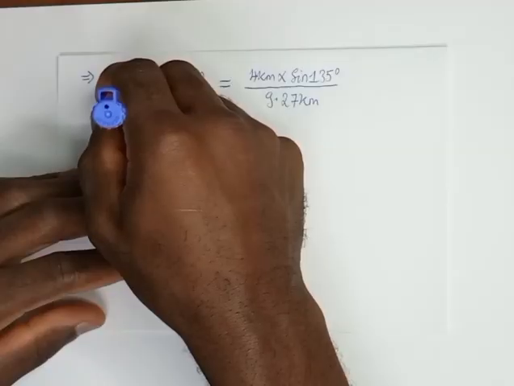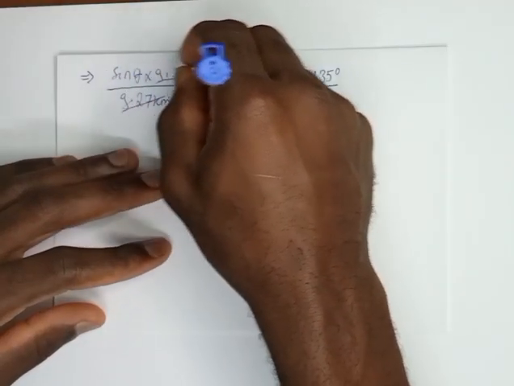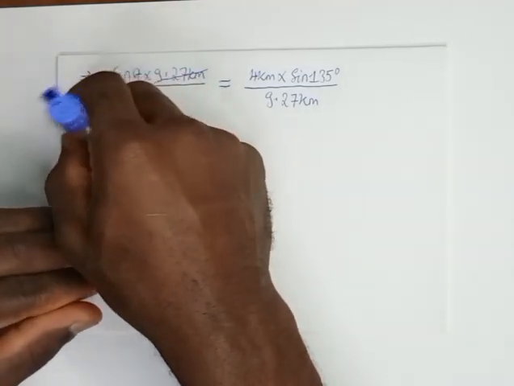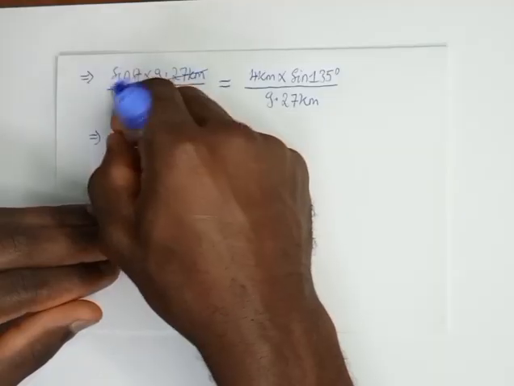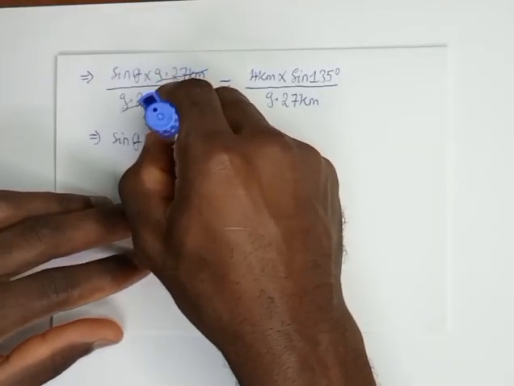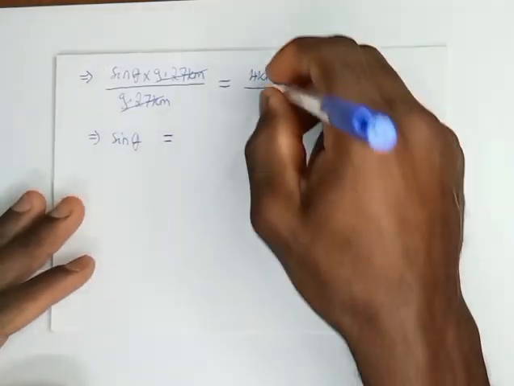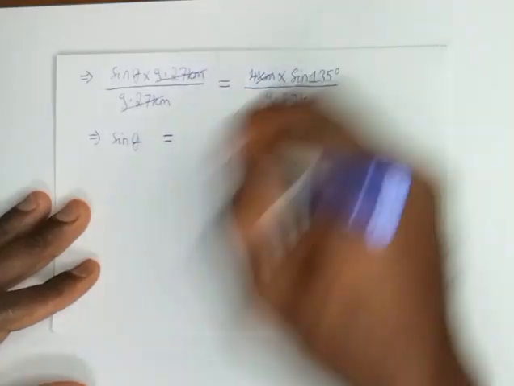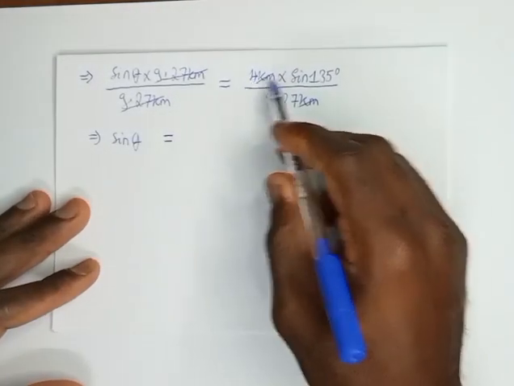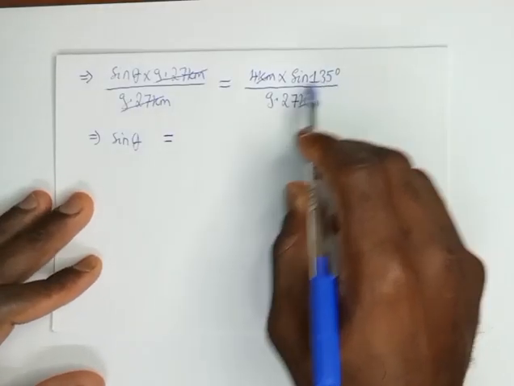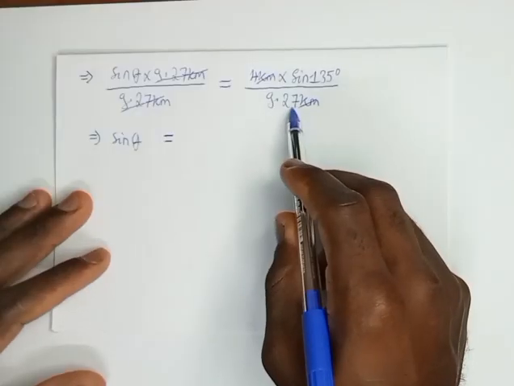At the left hand side, 9.27 kilometers will strike off 9.27 kilometers. This will give us the sine of the angle theta to be equal to, at the right hand side, you see that these kilometers will strike off kilometers, 4 times sine 135 degrees, divide by 9.27.